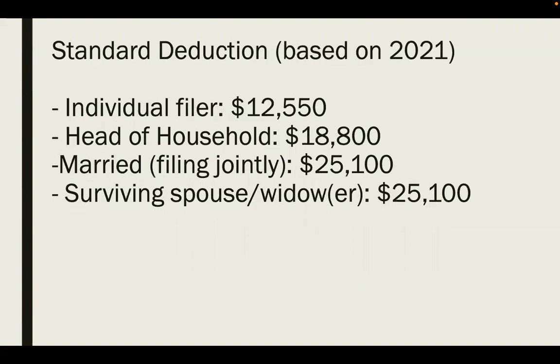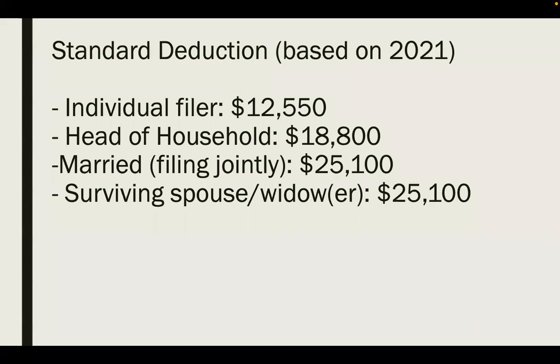Based on the 2021 filings, an individual filer would have a standard deduction of $12,550. That means if I'm an individual filer and I break down and itemize my deductions, and they are less than $12,550, I don't want to itemize, I want to take the standard deduction.